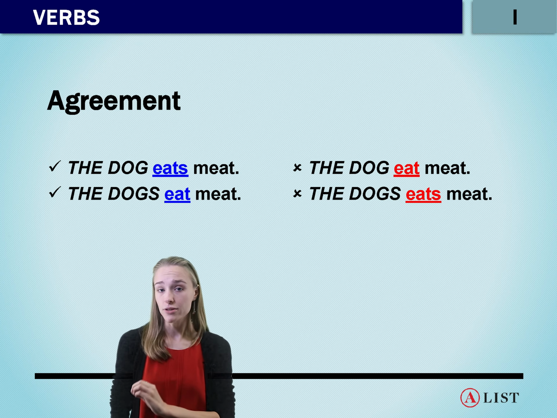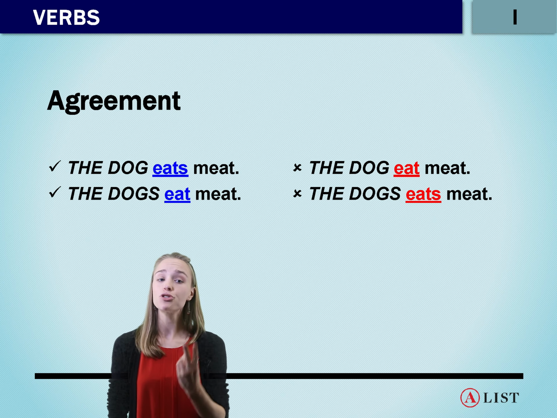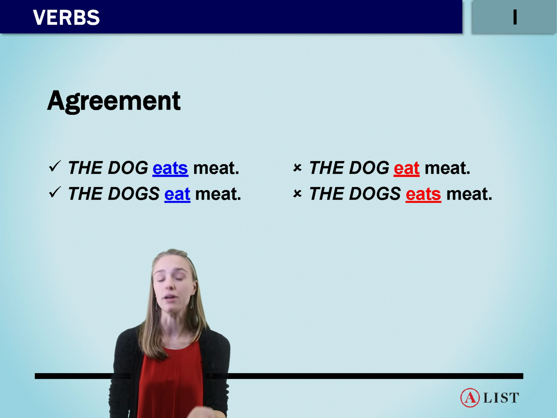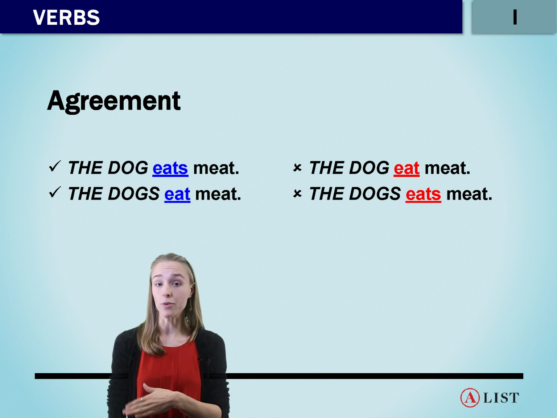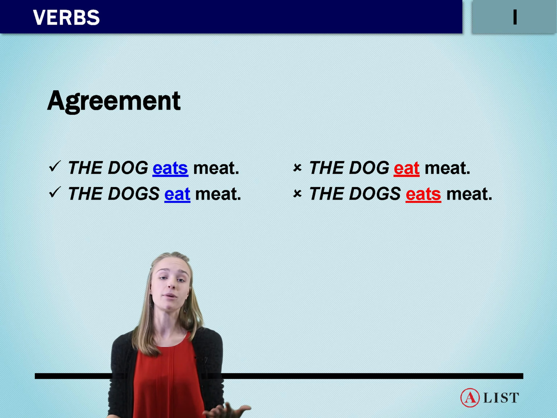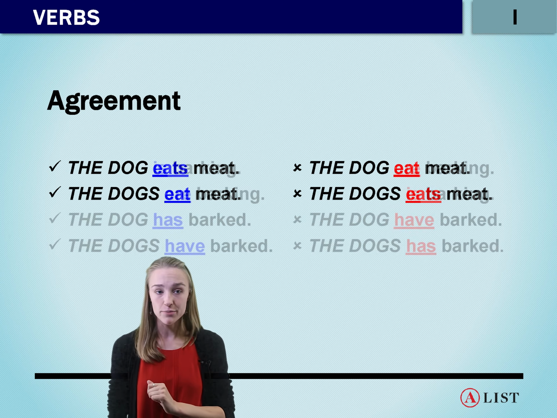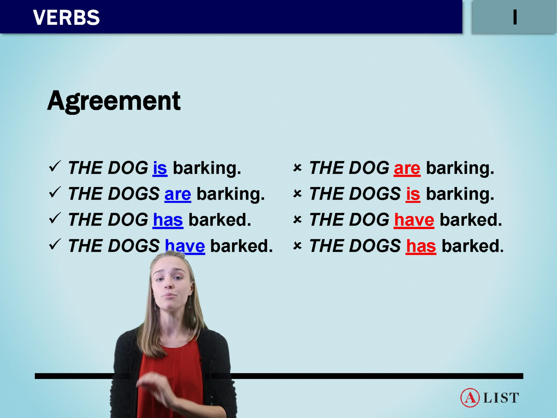Then we also need to look out for situations where we have two verbs together. There are smaller verbs called auxiliary or helping verbs, which are sometimes paired with a longer verb that has maybe an ing ending or an ed ending. We have some examples here, like the dog is barking.